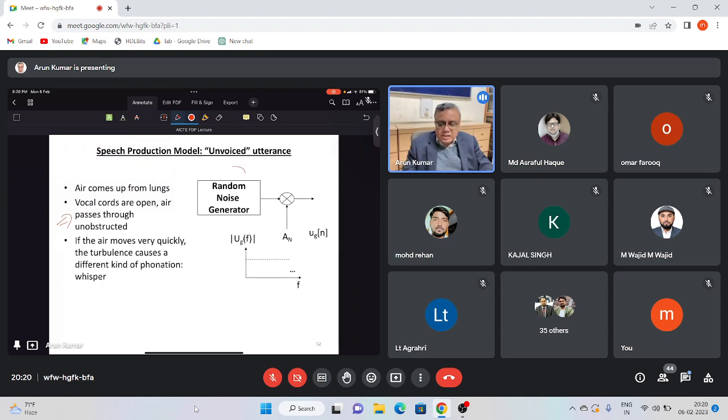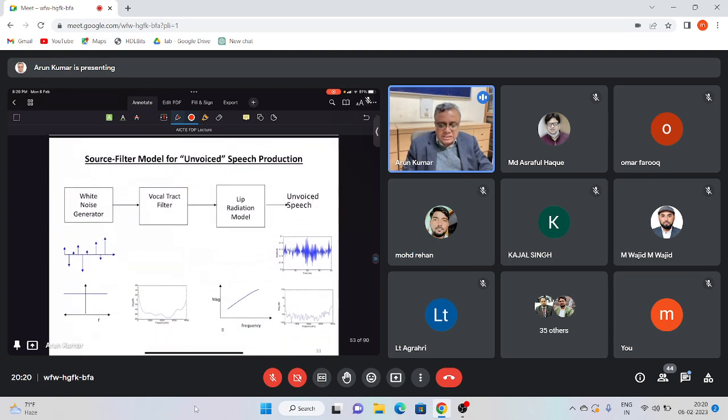So this is modeled usually by a random noise generator, and then you have an amplitude modification by AN, and the output of this is the volume velocity signal into the vocal tract for unvoiced sound generation.